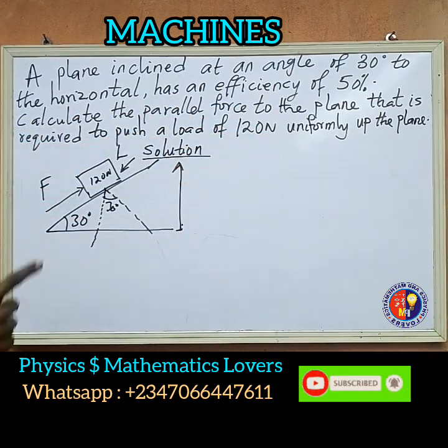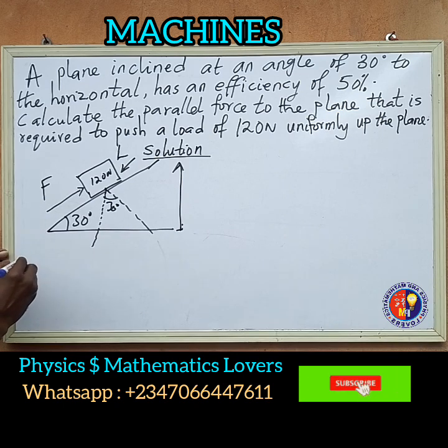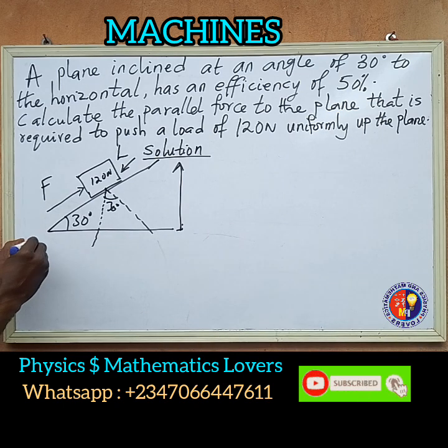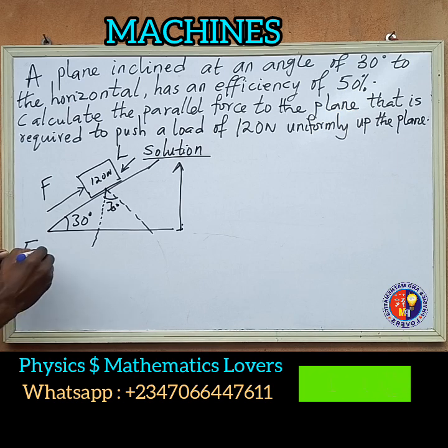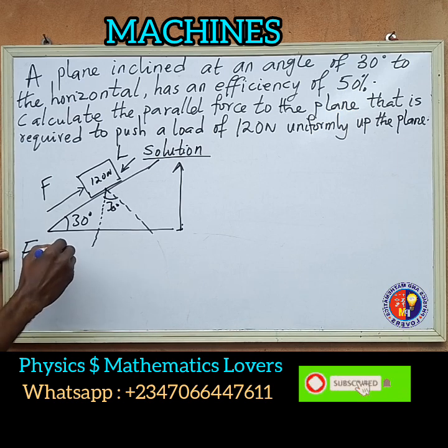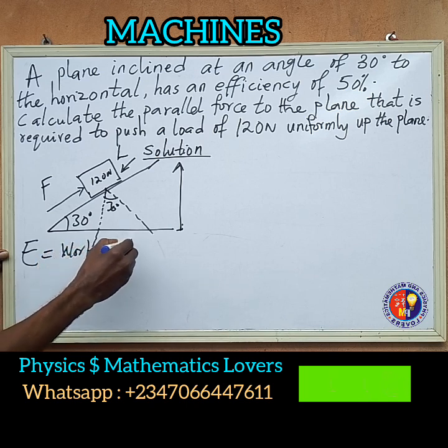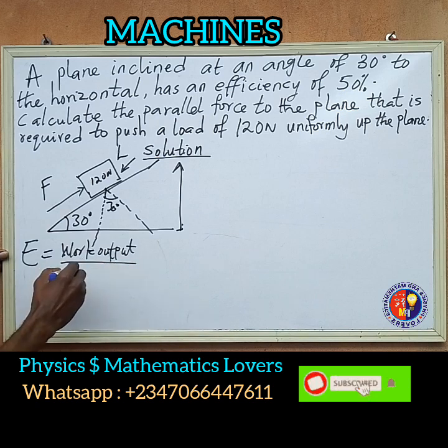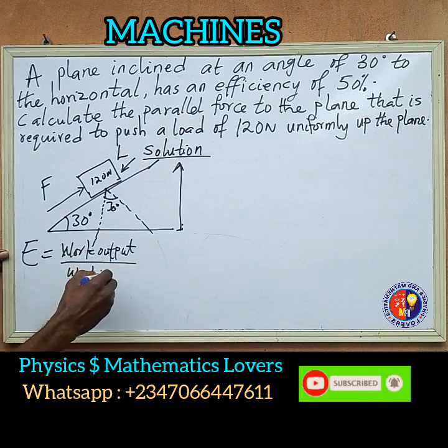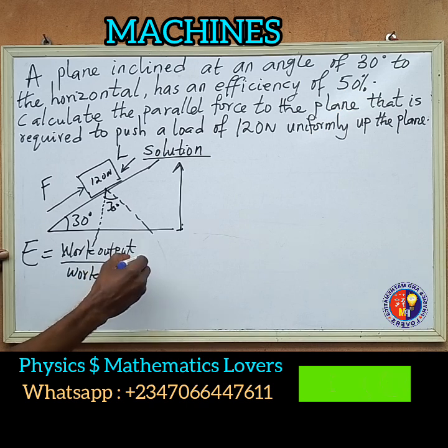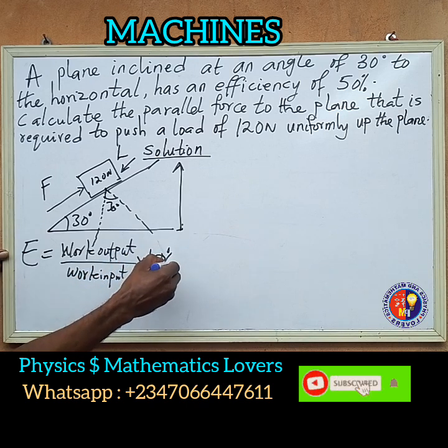The efficiency is 50%. Now, for you to calculate efficiency, efficiency is denoted by E, which is equal to work output all over work input times 100%.